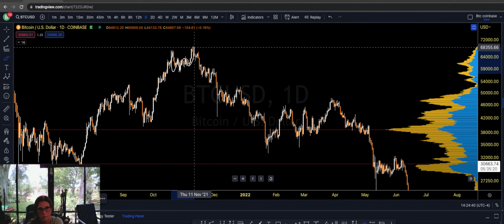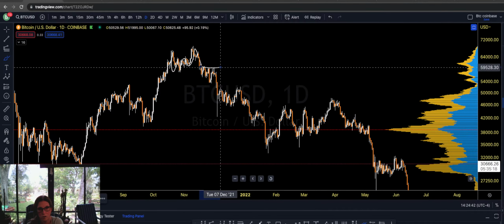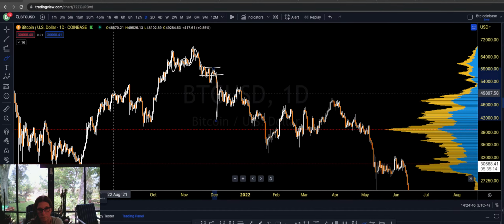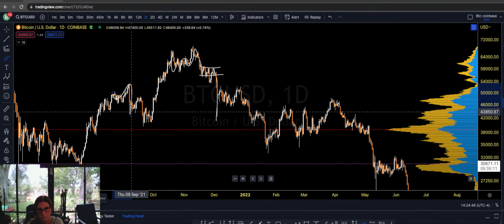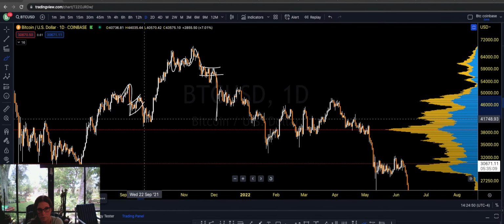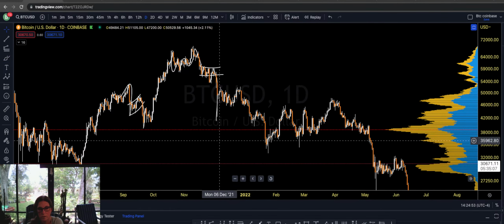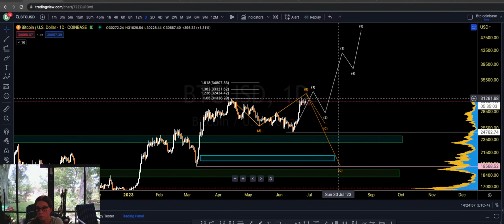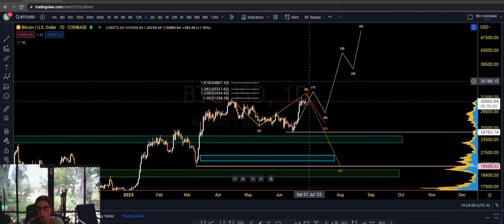Three, 5. The buyers aren't there. It gets a partner. Here's another one. Buyers aren't there. It gets a partner. Okay. So is that going to happen here? Well, I don't know. How will we know that it's going to happen?